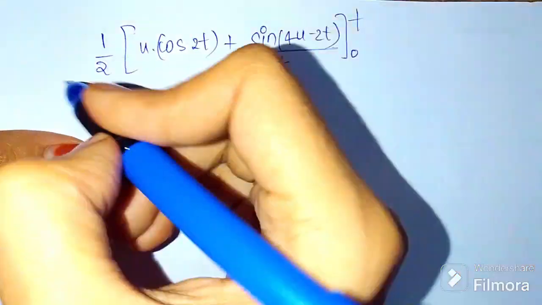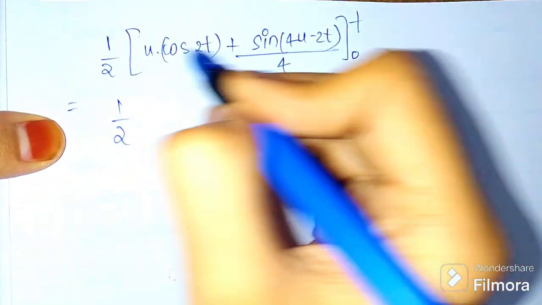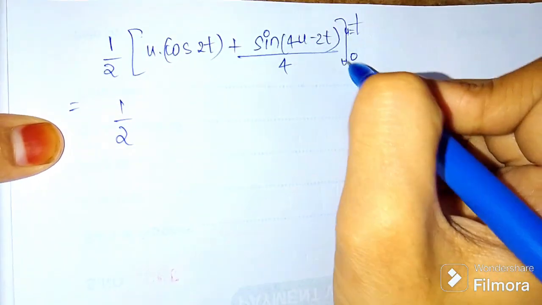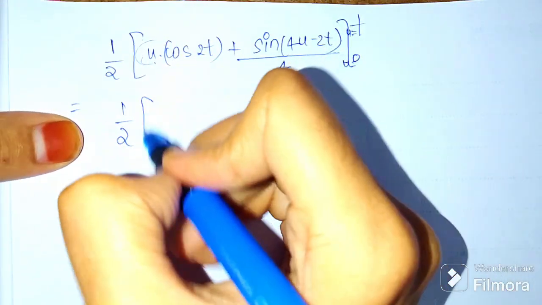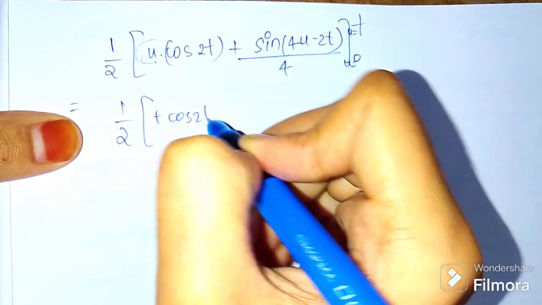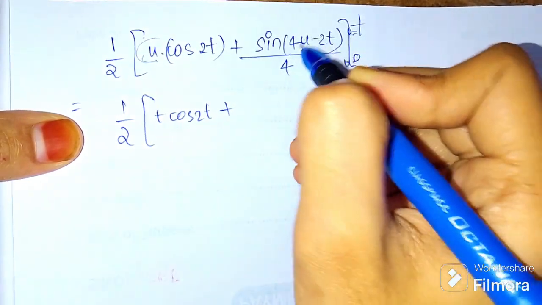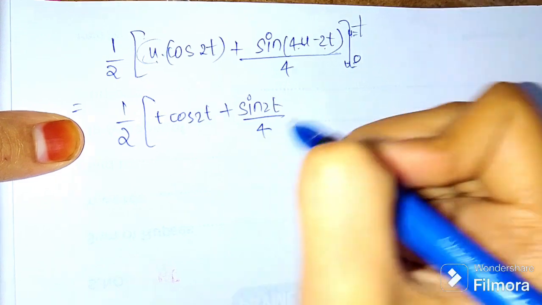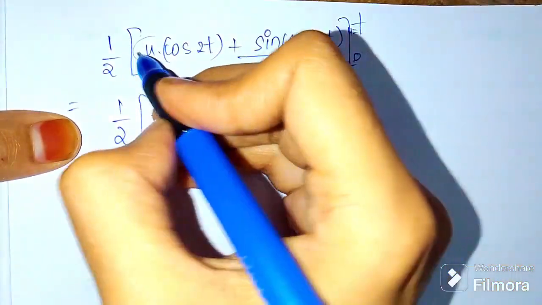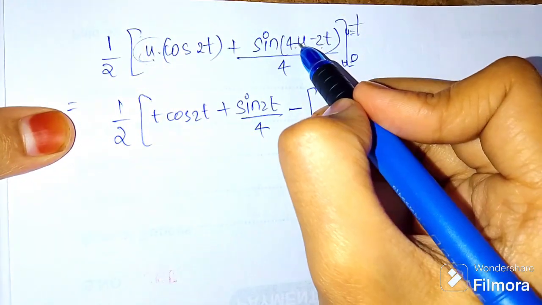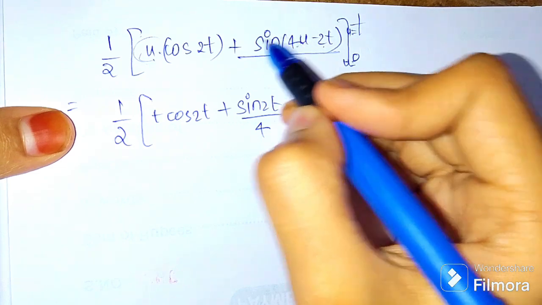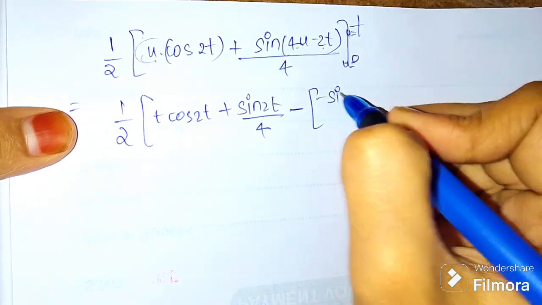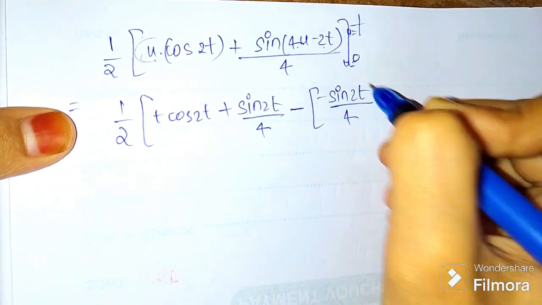So now I have to substitute in place of u here. So I'll write t cos 2t plus here 4t minus 2t is sine 2t by 4, minus lower limit. Put 0, it will become 0. Minus sine 2t by 4.